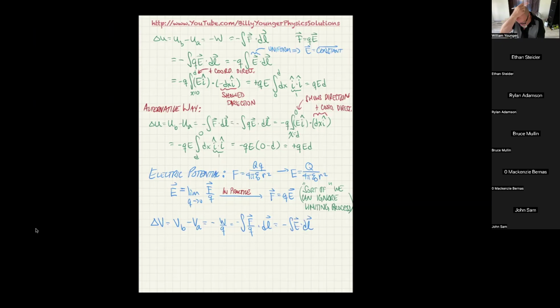And that's the most important part. So let me restate that. Delta V is equal to VB minus VA, which equals negative W over q. And that is equal to the negative integral of E dot DL.